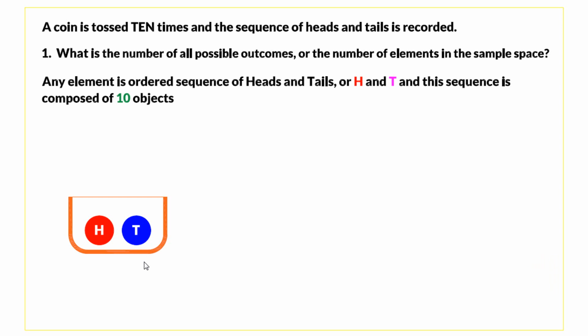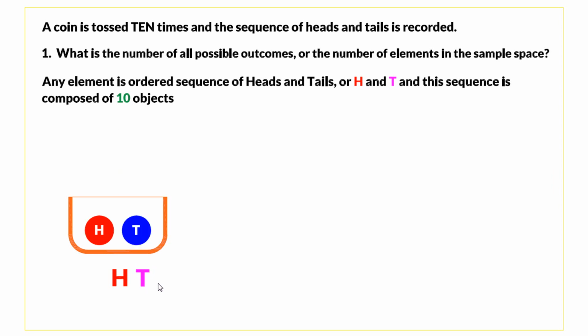So let's do that. In the beginning, we withdraw this ball here randomly and we write down its name. Then we return it back and we withdraw again, and let's say we get tail this time.